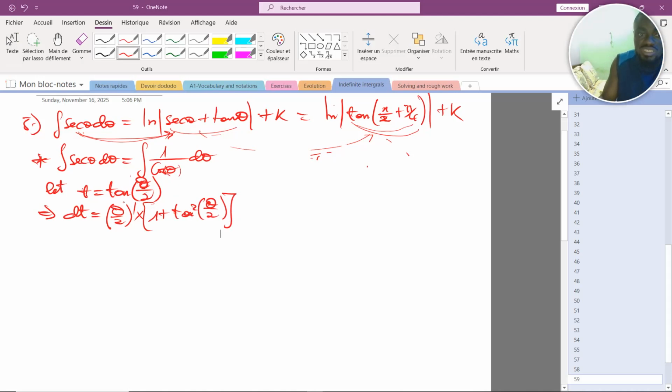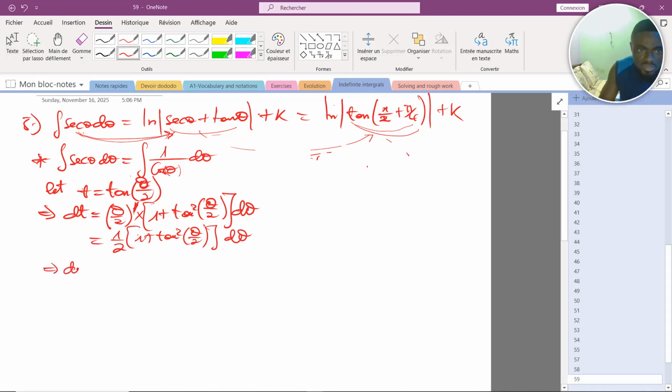Since I was differentiating with respect to theta, I write here d theta. So this will be equal to, because this is theta on 2 prime, don't forget there's a prime here, a half into 1 plus tan square theta on 2 into d theta.